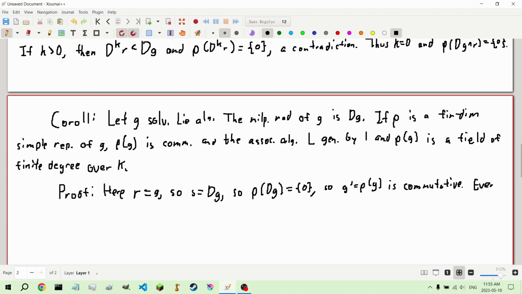And so every non-zero element of L is invertible by Schur's lemma. So L is a field.